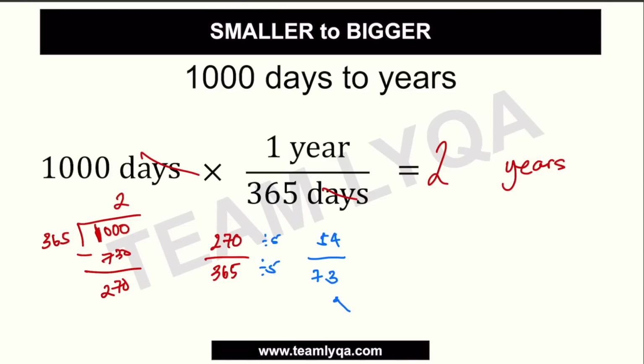You have 2 and 54 over 73 years. Okay? Now, kung decimal yung hinahanap, or yun yung nasa options, ang gagawin mo lang, i-divide mo rin siya. So, again, no, 1,000 divided by 365, you're going to be left with 2.74. Kung i-estimate natin to the hundredths na decimal place yan. So, 2.74 years.